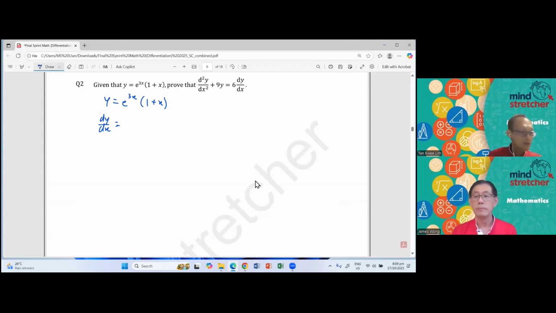Using u dv plus v du, it will be e to the power of 3x multiplied by 1, because the derivative of x is 1, plus (1 plus x) times the derivative of e to the power of 3x, which is 3 times e to the power of 3x. Then simplify this. Of course, you can factorize out e to the power of 3x first.